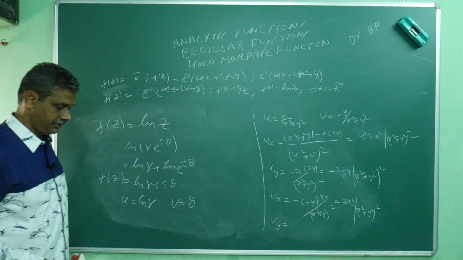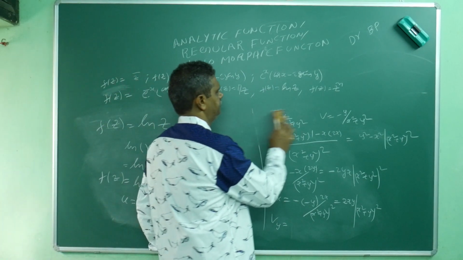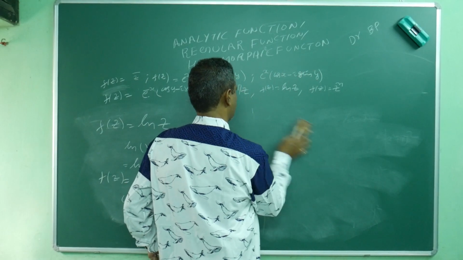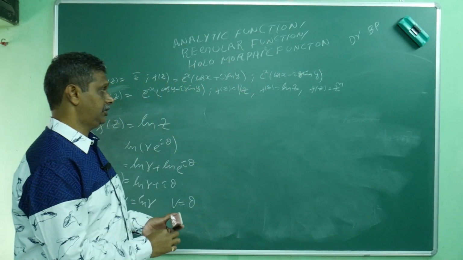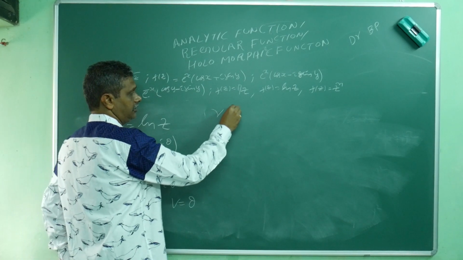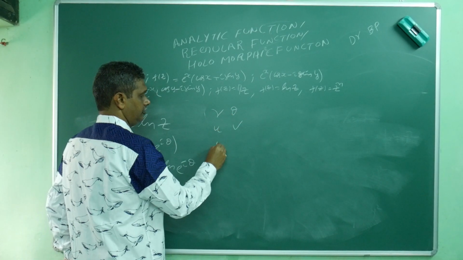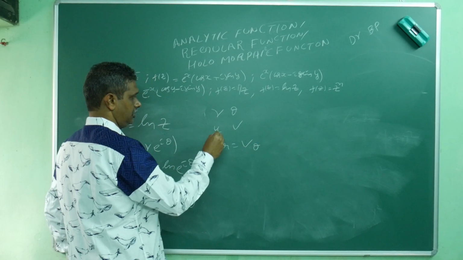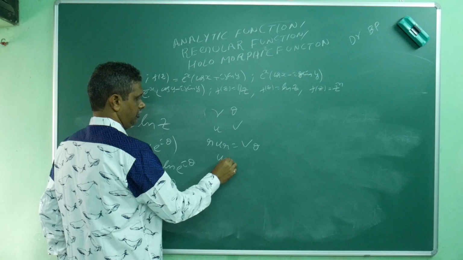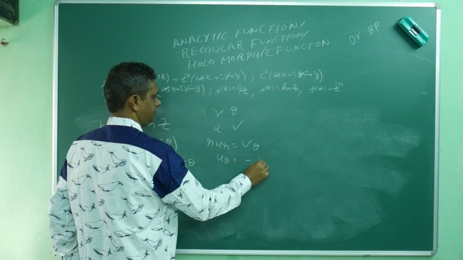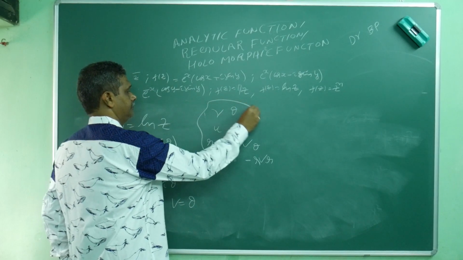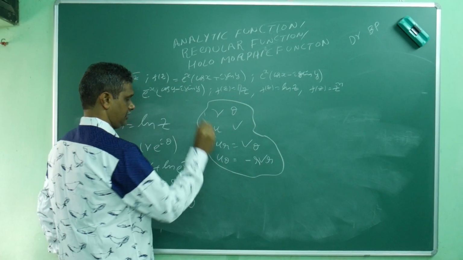Now check polar coordinates. Then CR equations in polar coordinates you can write. What are the CR equations? ur is equal to v theta, where you can multiply by r. Then reversely, u theta is equal to minus vr, then multiply with r. Correct or not?